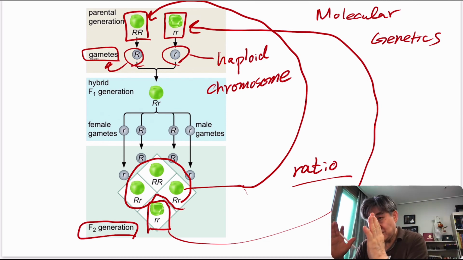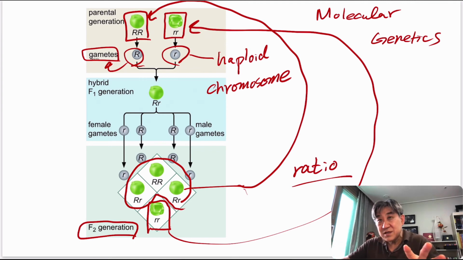Even though molecular genetics is prevalent these days, what we still need to understand are some of the terminologies that came out of classical genetics, originally from Mendel's work.